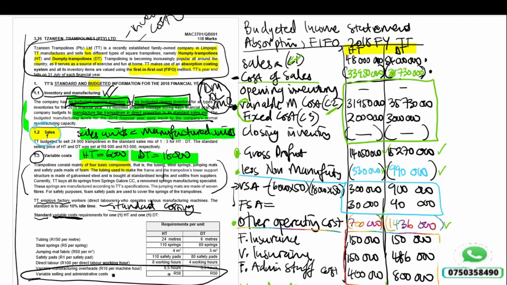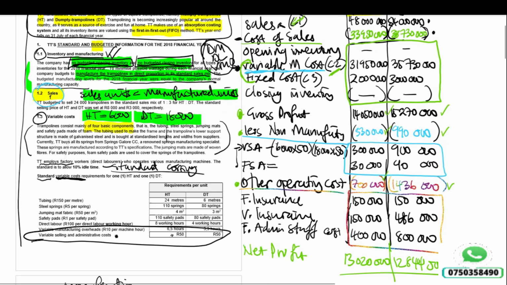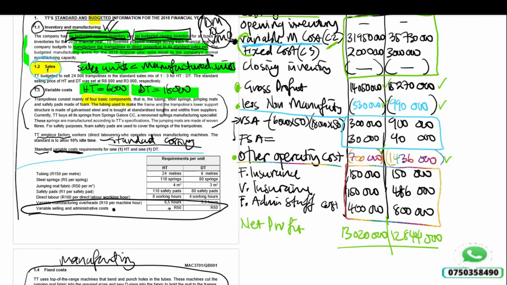So your sales, less your cost of sales, and we didn't have opening inventory in this case. What we did here in terms of adding variable manufacturing cost was easy, because the information was given in that format as well. So you must be flexible in terms of working it out.